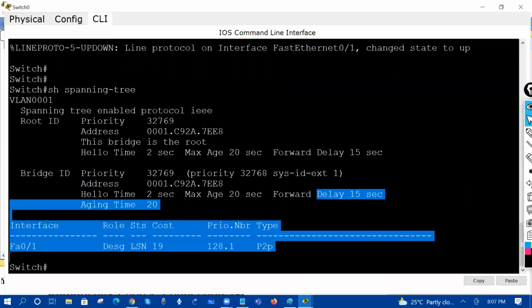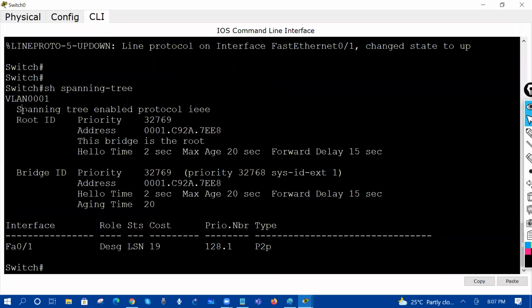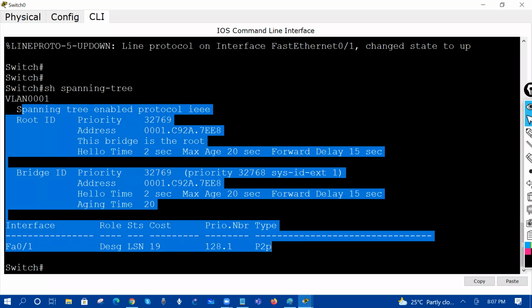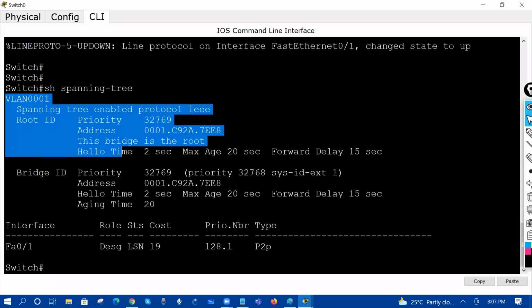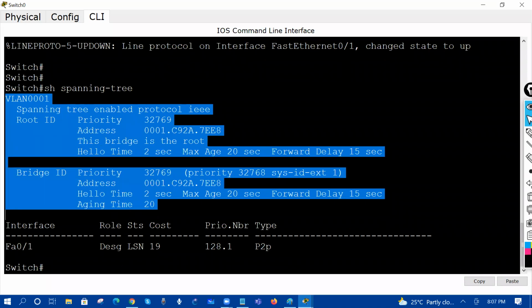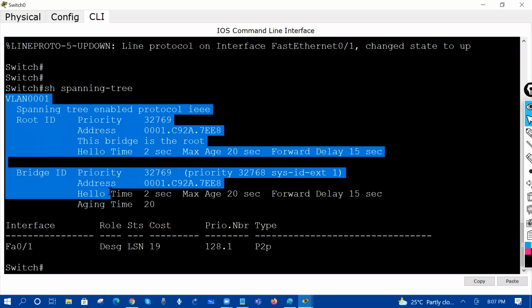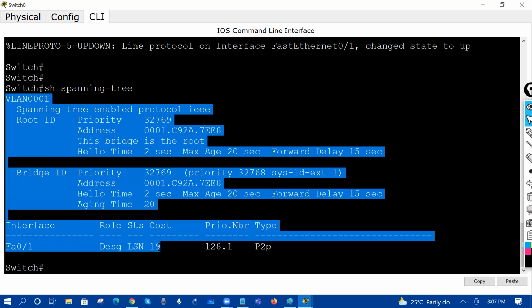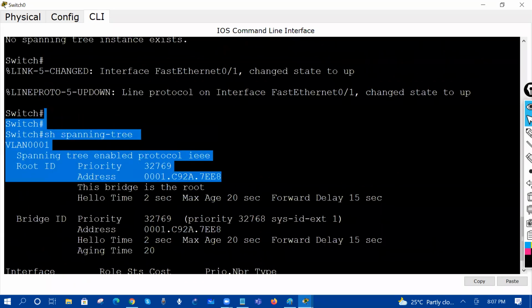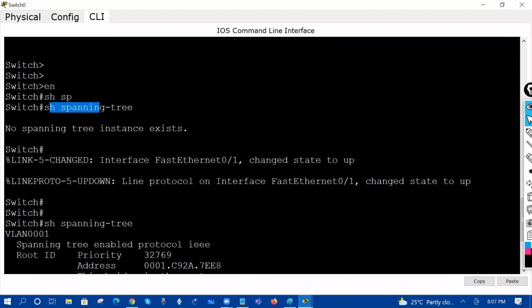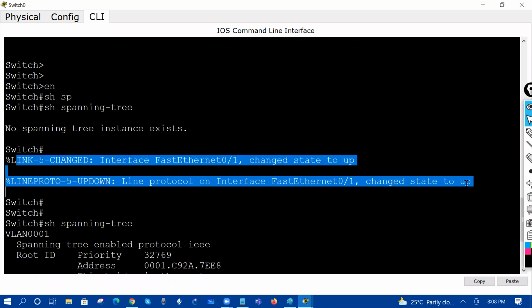Did I configure this? No, I haven't configured anything. Automatically all this information is coming. Don't worry, you will get all the knowledge about this part. At the end of the day, you will know everything, like what the hello time is, what the priority is, and so on. But once I connect the interfaces, can you see that previously there was no spanning tree? Just try to understand the concept. Previously no spanning tree was there. Once I add the interfaces, now we have a spanning tree.